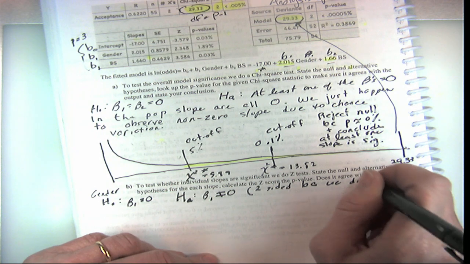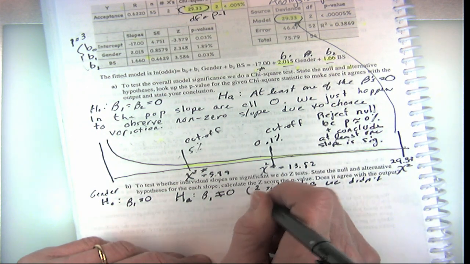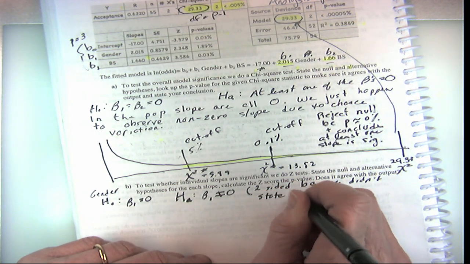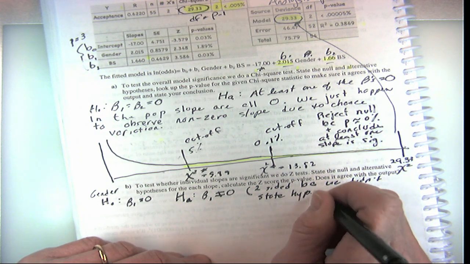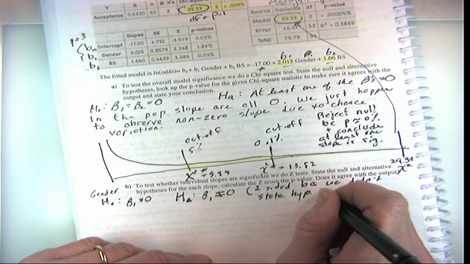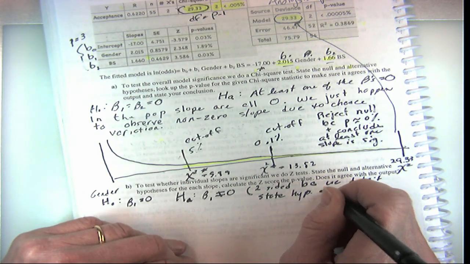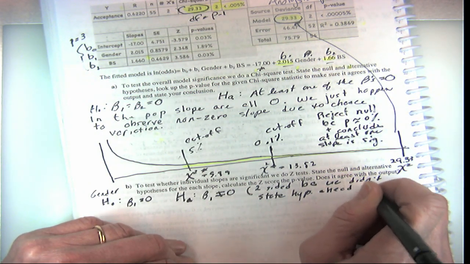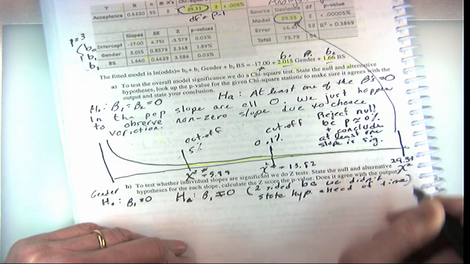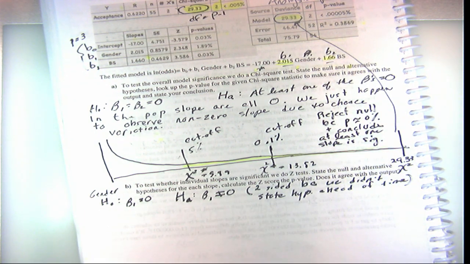Because we didn't state what we thought it was going to be before we looked at the data. I'm just not sure which direction it's going to go. Okay, so let's work on this then.